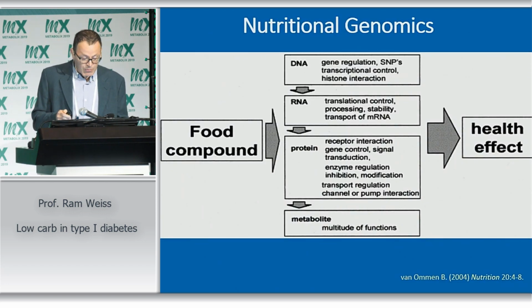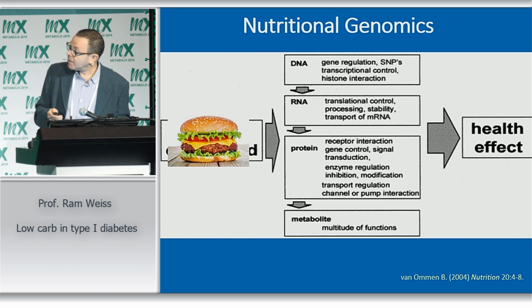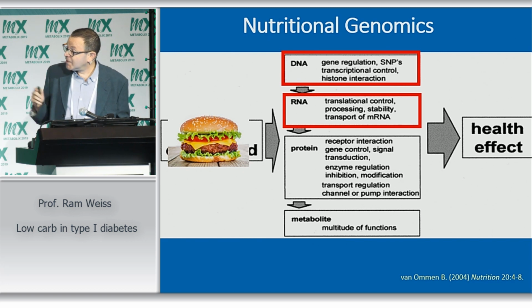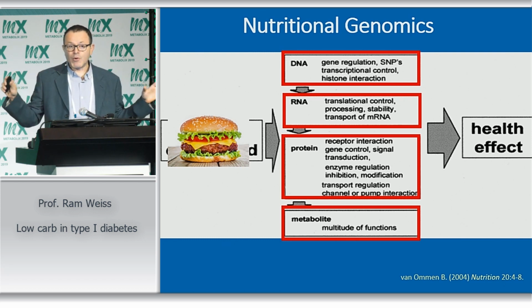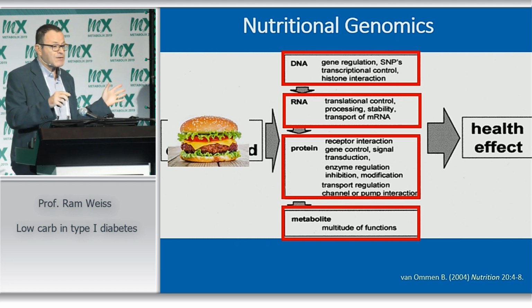So I'm not going to get into the rough details, but when you eat a hamburger, it's going to affect everybody in this room differently in regards to their DNA, in regards to their RNA in translation, the proteins that are produced in response, and the metabolome that we measure in the blood. And that determines the health effect. There's no one size. You can't say we're going to put all our patients on this, all our patients on that.